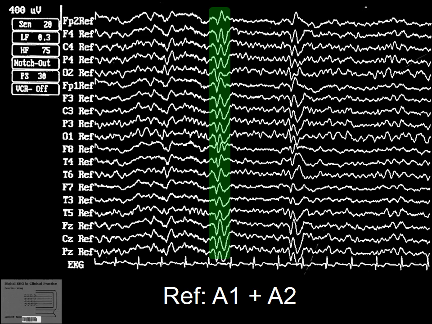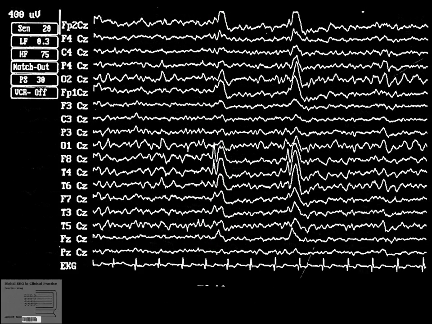If we change the bipolar montage to one with both ears combined as a common reference, as we have done in this frame, you can see that a sharp activity is now present contaminating the reference electrodes, and it appears all over.